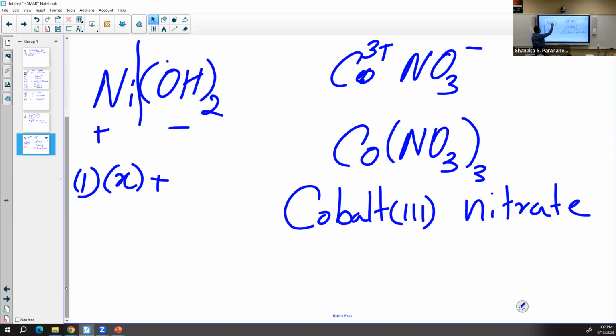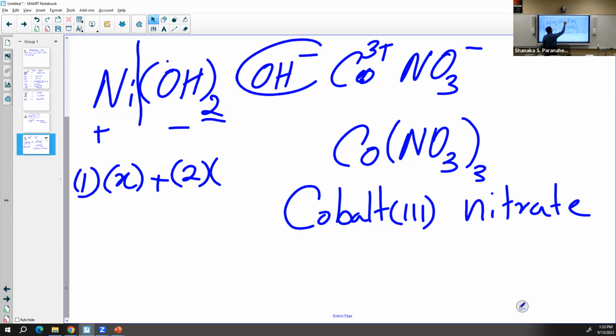Then instead of number of non-metals, it's going to be number of polyatomic ions. So we have 2 hydroxide in the formula, and this is the hydroxide rule. You have this on the back side of your periodic table, you can get the charge. So that's -1 equal to 0. Solve for X, X is +2.